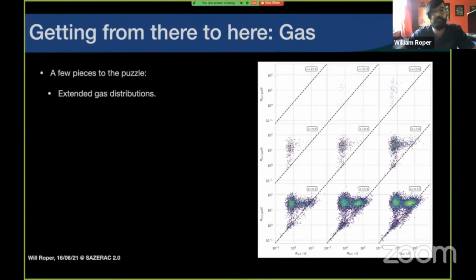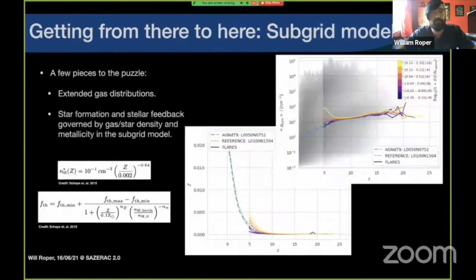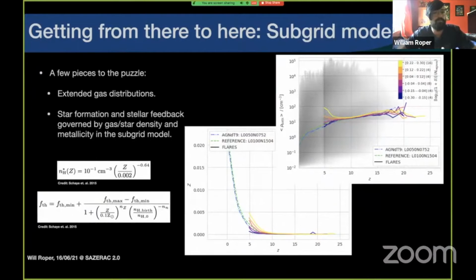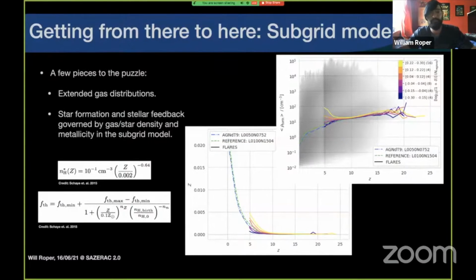The other ingredient is the subgrid model itself. In the EAGLE model, star formation and stellar feedback are governed by the gas density at the point of star formation and the metallicity. And if you look at the evolution of those through to low redshift from FLARES into the EAGLE boxes, you find a decrease in the density of star formation and an increase in the metallicity. So as the metallicity increases, it becomes easier to form stars at lower density.